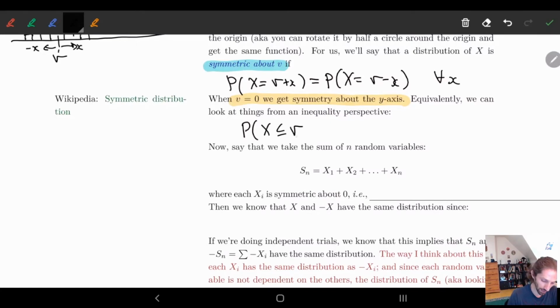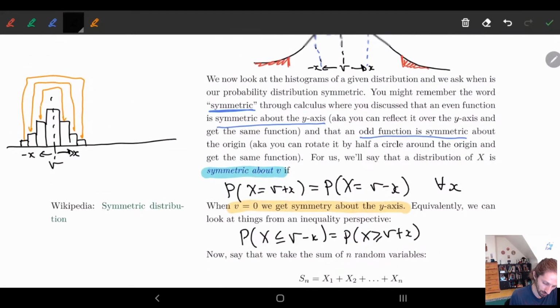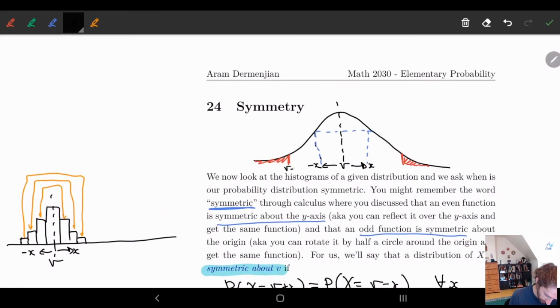So we can have the probability that x is less than or equal to v minus x be equal to the probability that x is greater than or equal to v plus x. Here's our v minus x, and here's our v plus x. We want the area for x less than or equal to this to be equal to the area for x greater than or equal to this. That's why we're going to the right here.